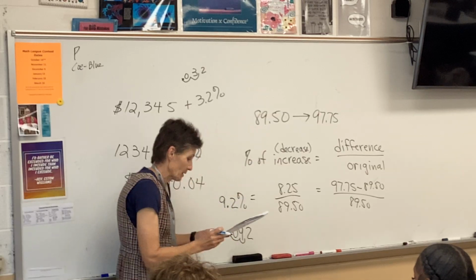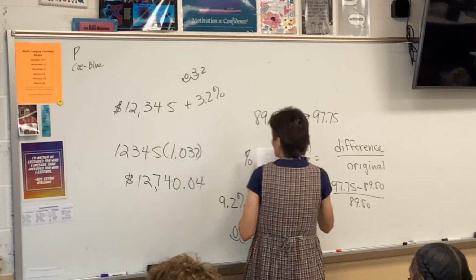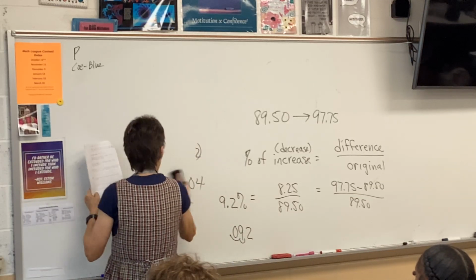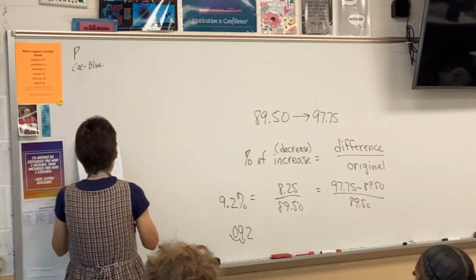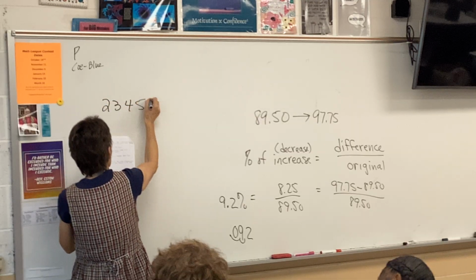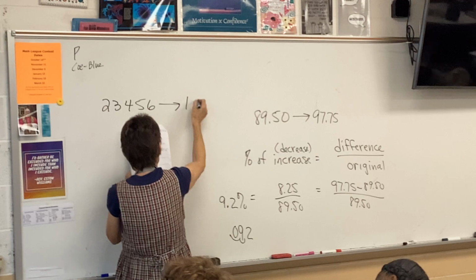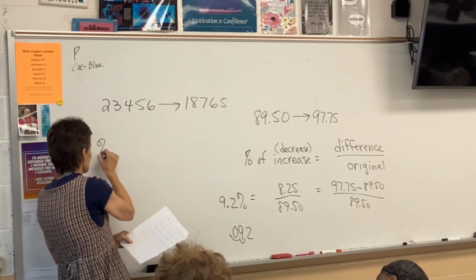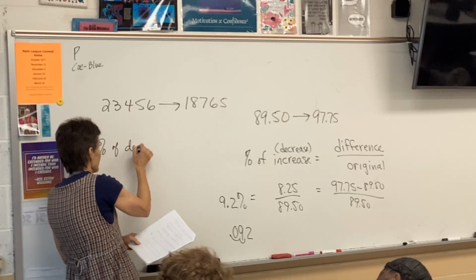A car that was worth 23,456 when you left the lot is now worth 18,765. So we started at 23,456, and it went down to 18,765. And we want to know the percent of decrease. All right.